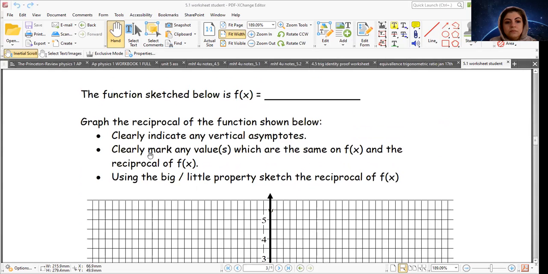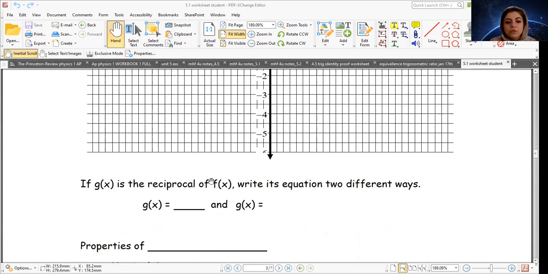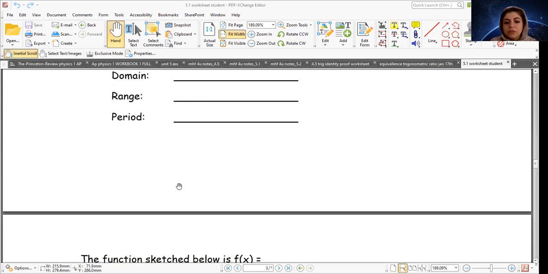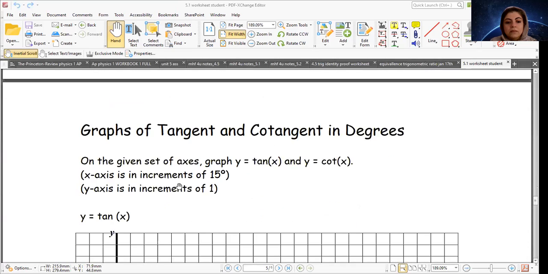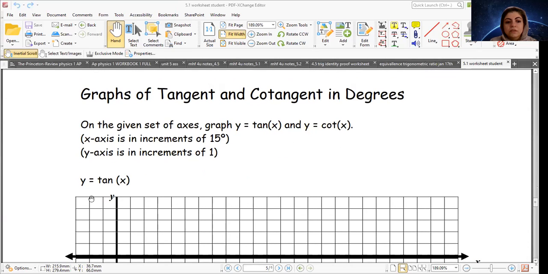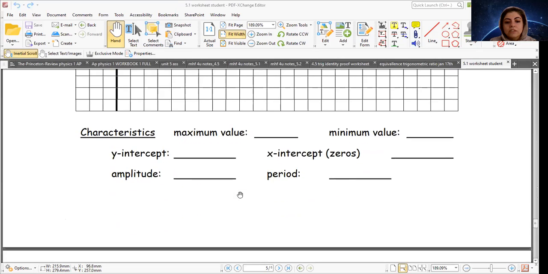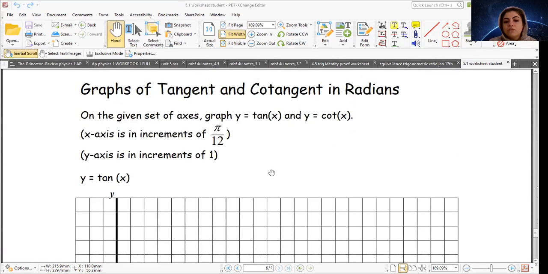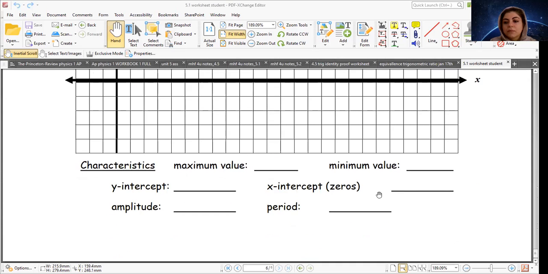Then you just see if there are any asymptotes. Talk about the domain, range, and period. Then tangent. You graph a tangent and you just give me this information again. You graph cotangent, just fill in this information. You don't have to do it twice, just do one of the tan and one of the cotan, right? You got it?